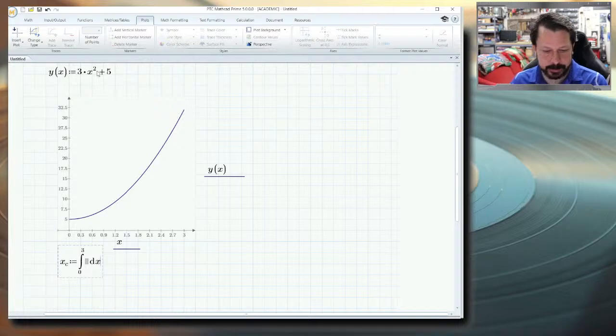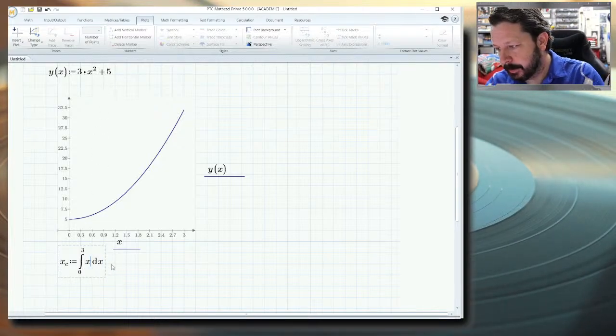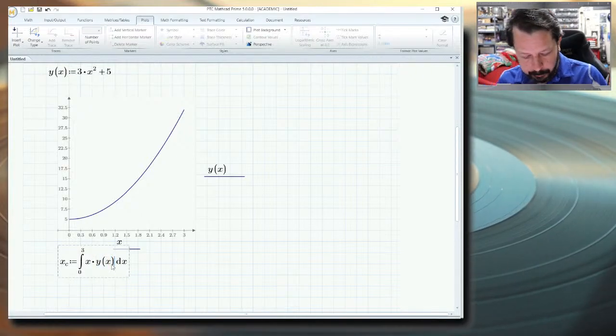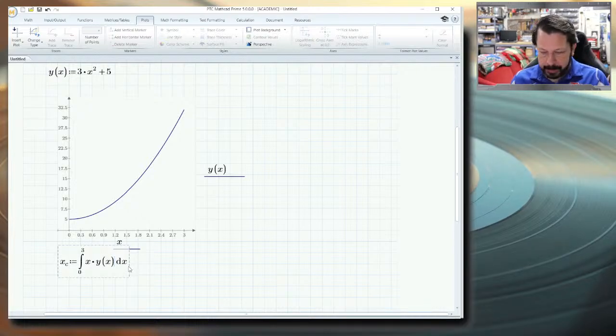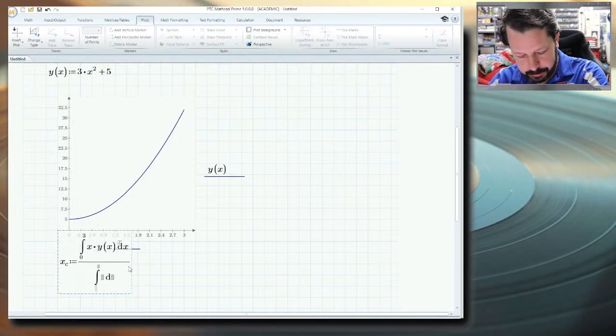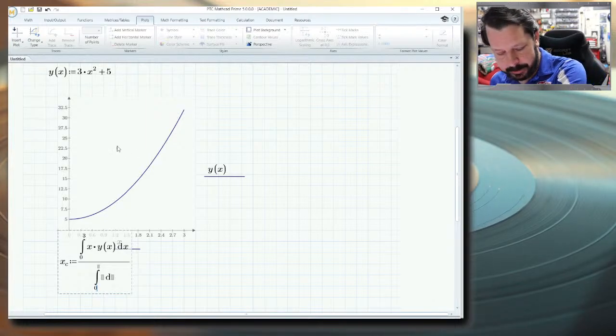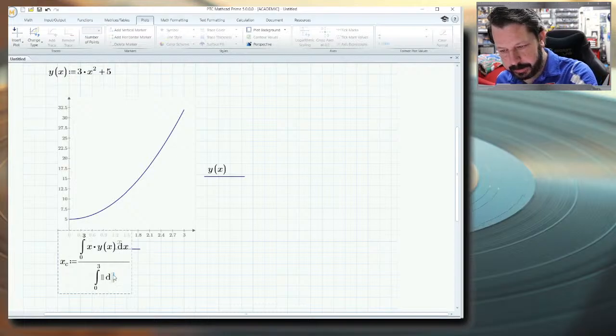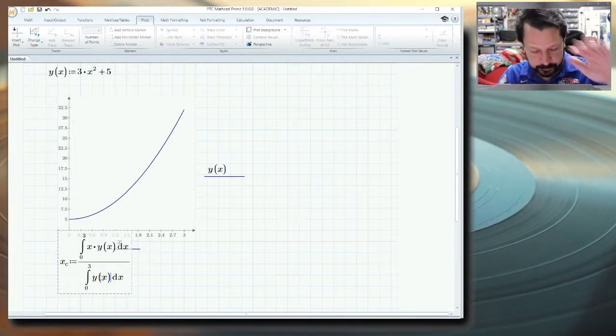So y of x is this equation 3x squared plus 5. So x times y of x. Okay, and then we divide all of that. That's the first moment of area. We divide it by the total area, which would just be the integral from 0 to 3 again, dx, of y of x, so the area under the curve.